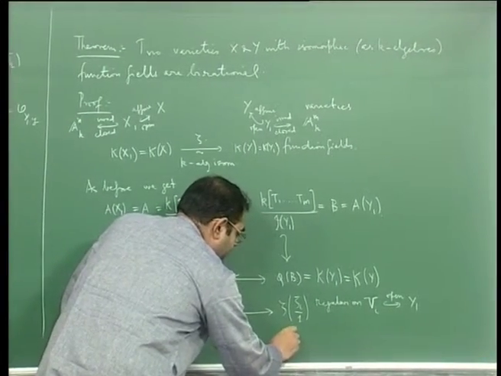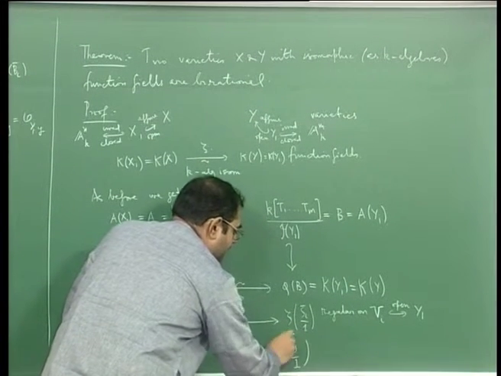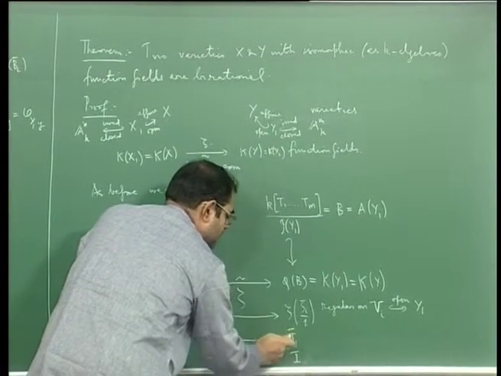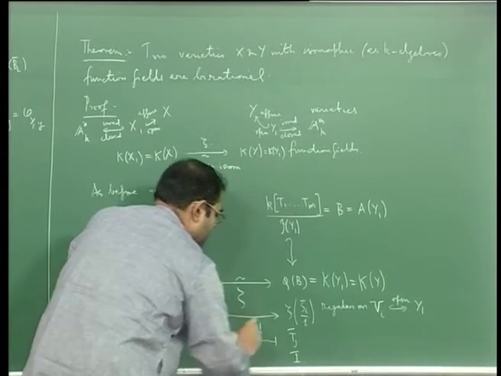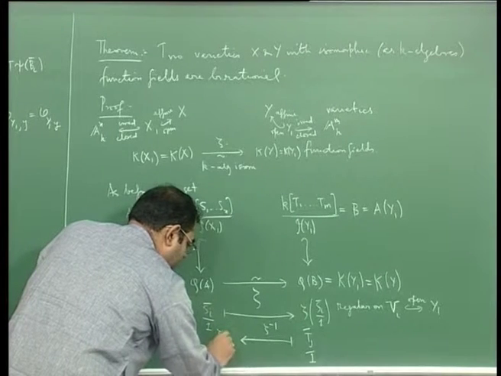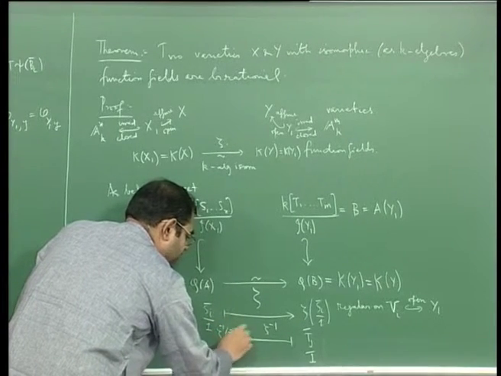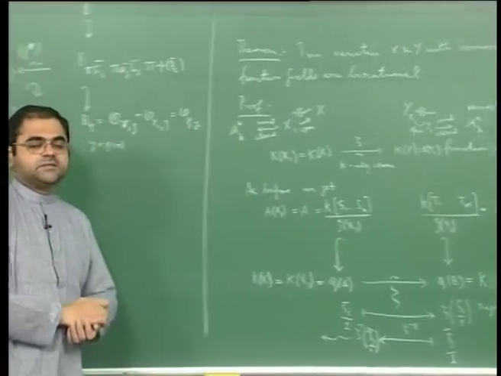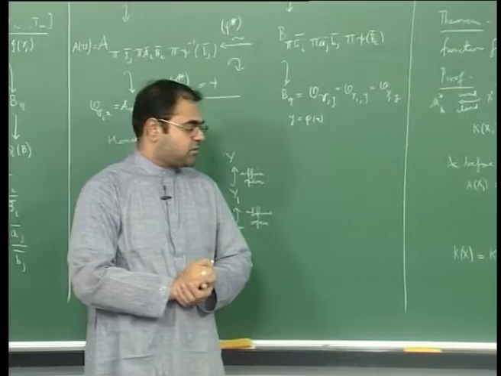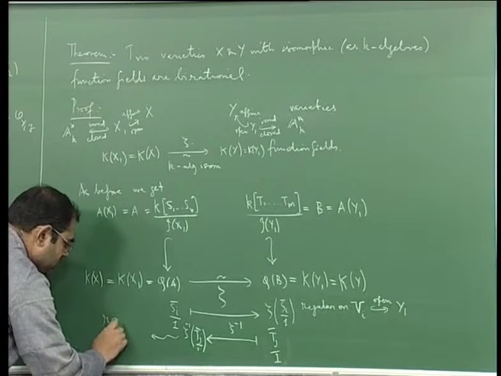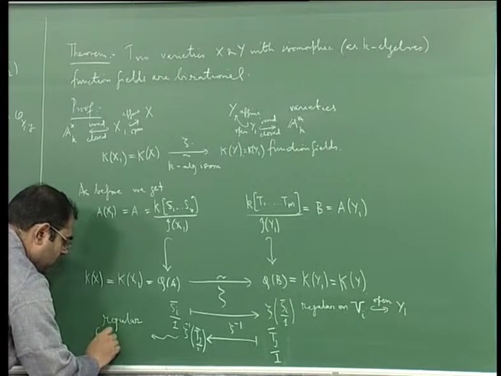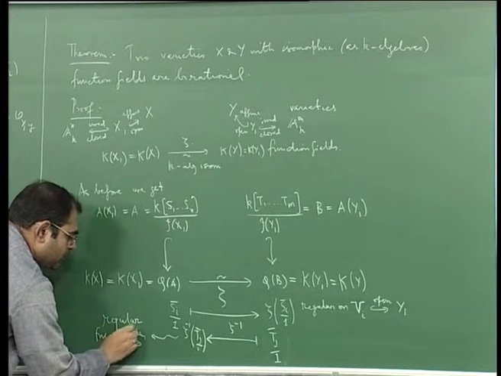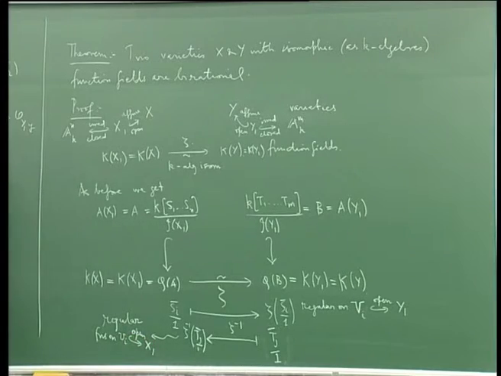If I take tj bar divided by 1 and apply zeta inverse, then I end up with zeta inverse of tj bar by 1, and these fellows are going to be regular functions on Ui's, where Ui's are open subsets of x1, okay. So I'm going to end up like this.